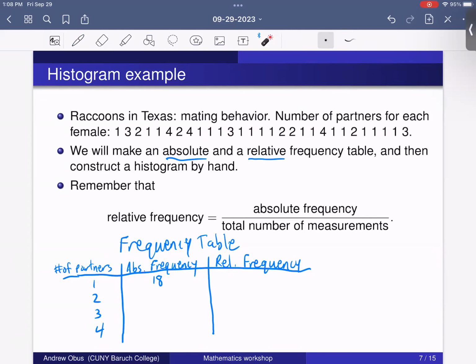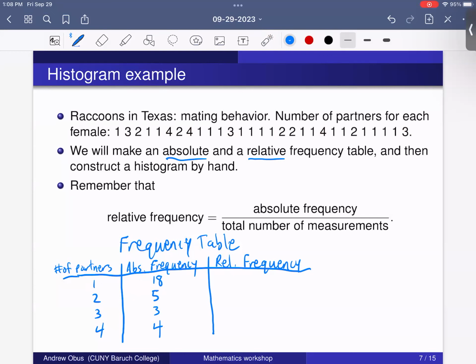For the twos, how many twos? We have 1, 2, 3, 4, 5. So we have 5 over here. For the threes, we have 1, 2, 3. And for the fours, we have 1, 2, 3 as well. Okay, so this is our absolute frequency.